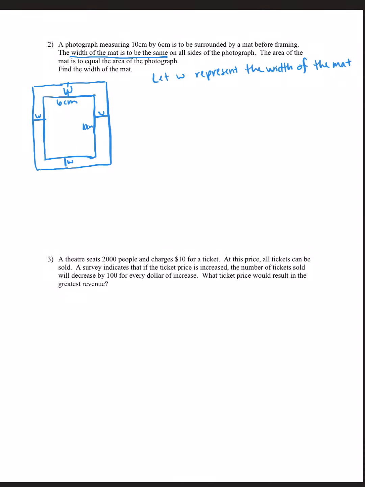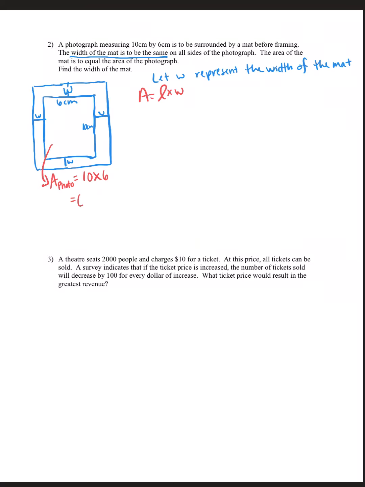Okay, we have the area of the mat is equal to the area of the photograph. So we're going to have to use area at some point. So let's remember that area equals length times width. The area of our photograph, if we're just talking about the area of our photograph, and I'm just going to write a little subscript here, area of photo, not the whole thing, is going to equal 10 times 6.